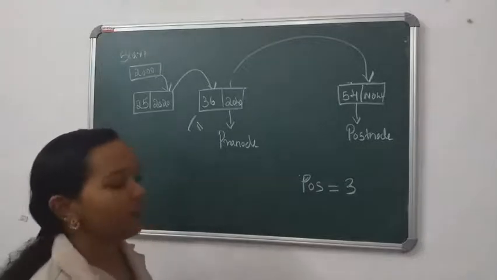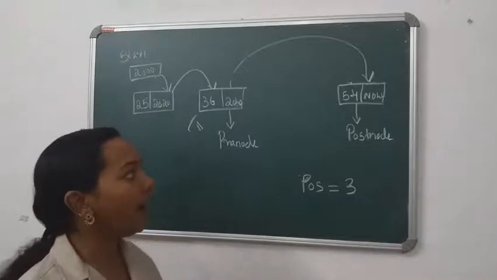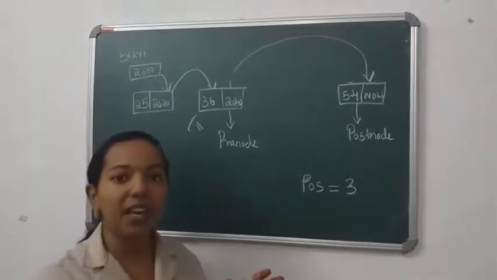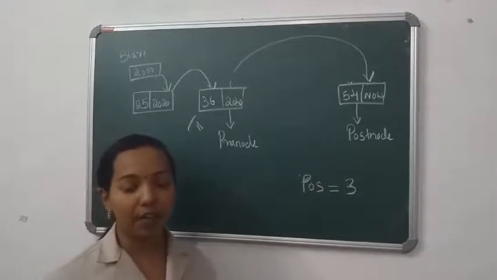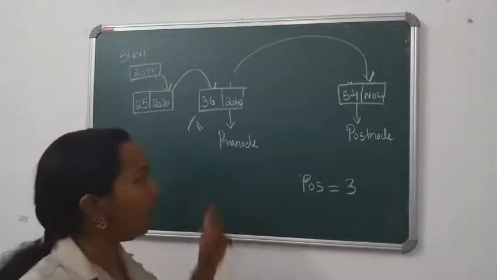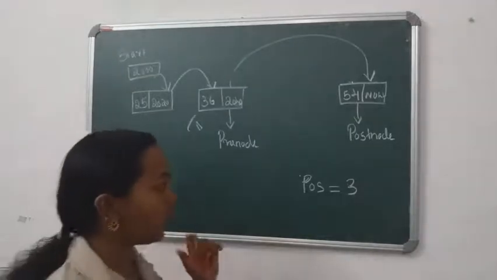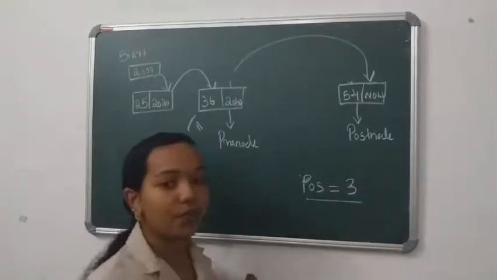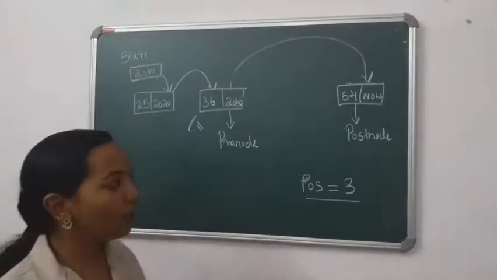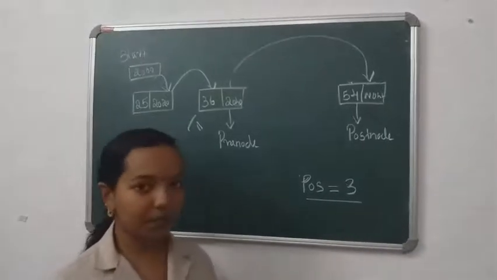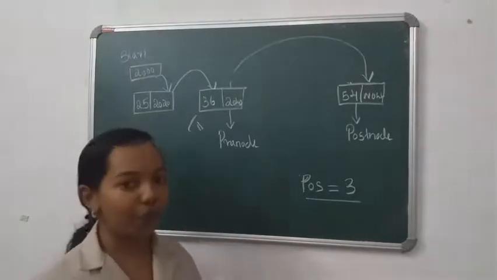Then you want to identify the pre-node and post-node, because the node in between them is the one we are going to delete. That node is represented using the position value. Third element we are deleting, so that you want to identify first. Identify pre-node and post-node.